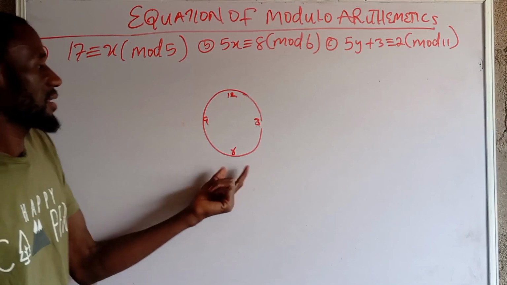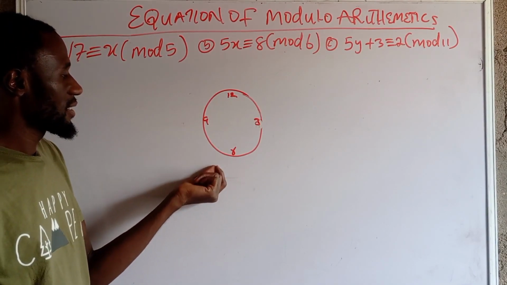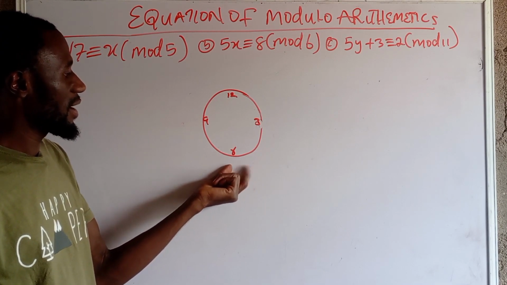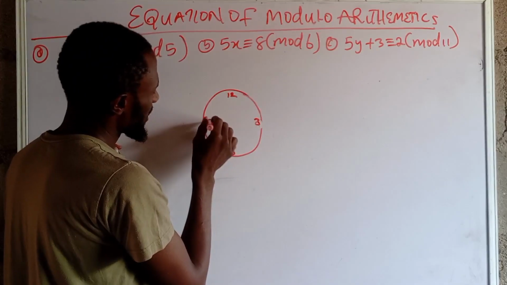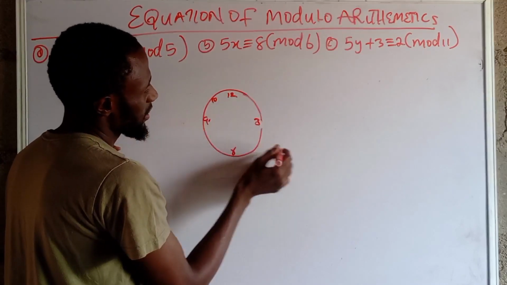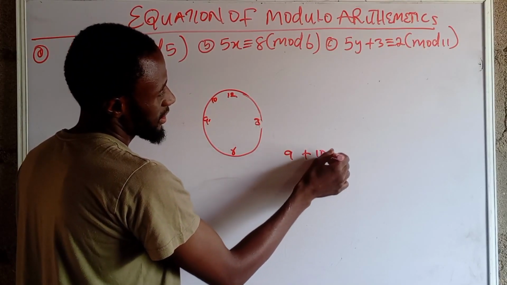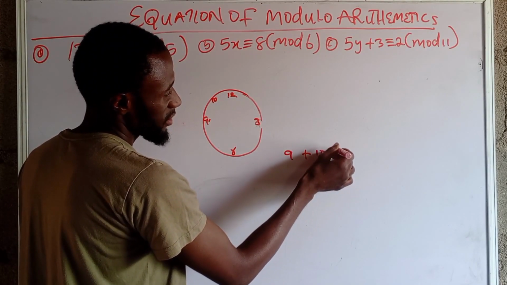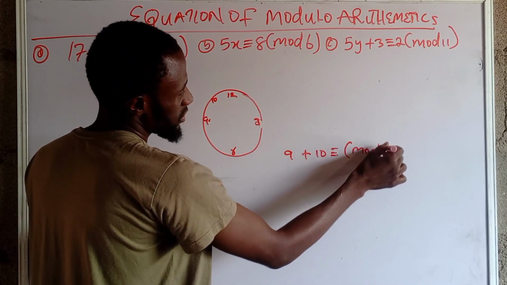Assuming you are asked to find the 9 hours after 10, with the modulo being mod 12.